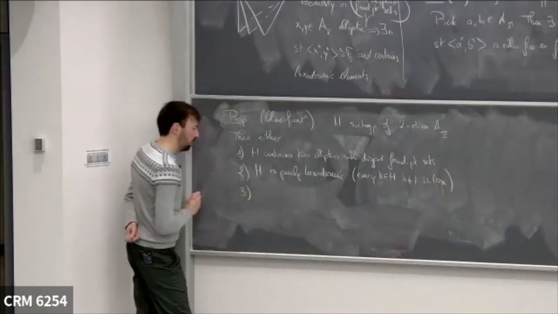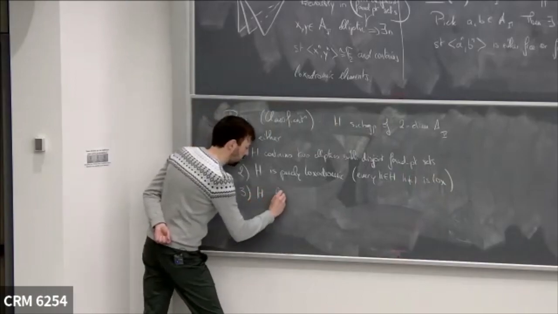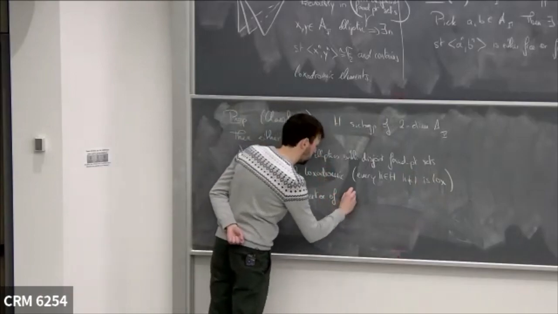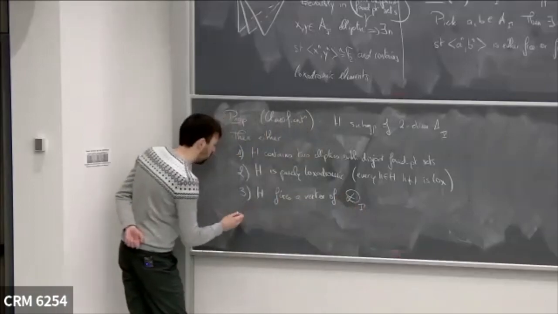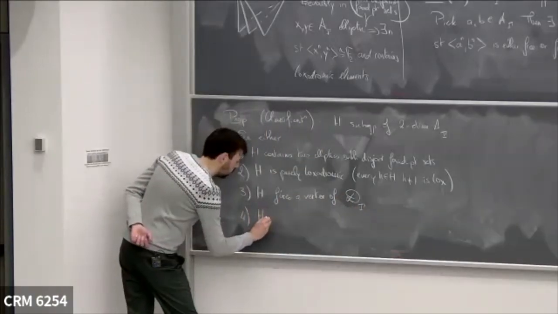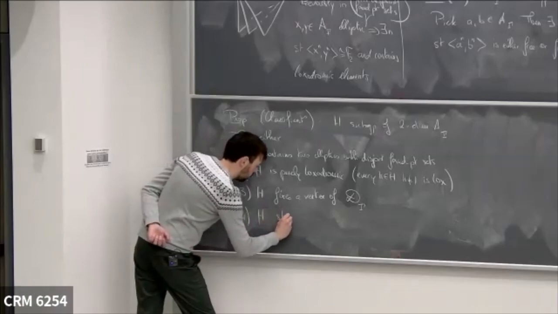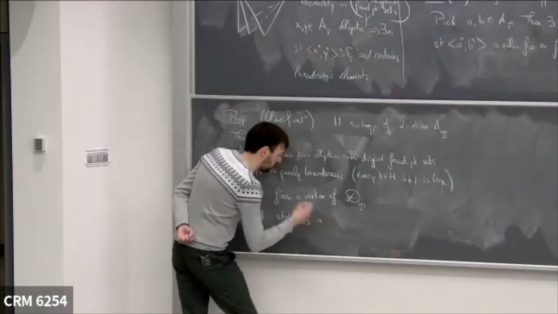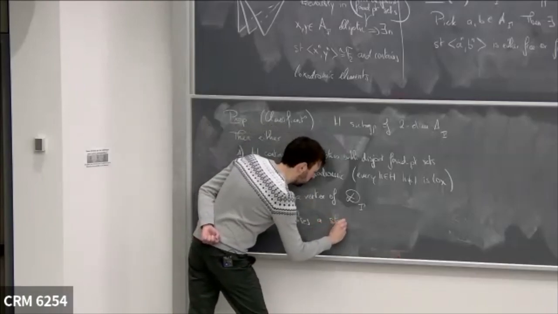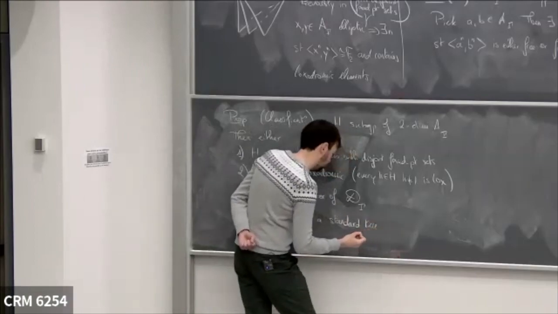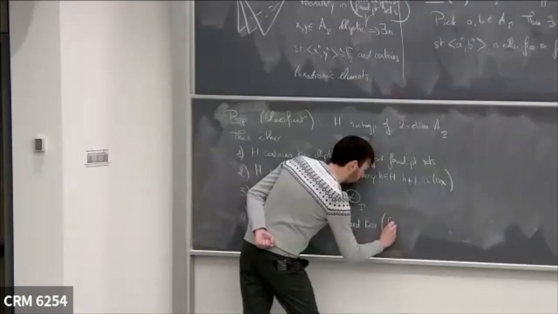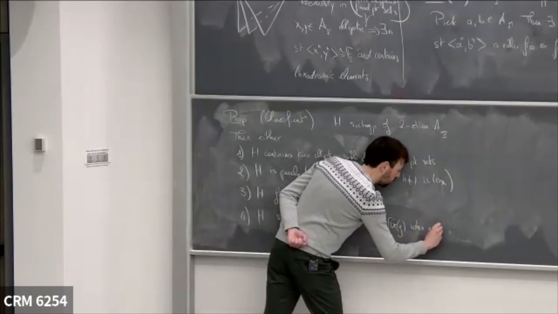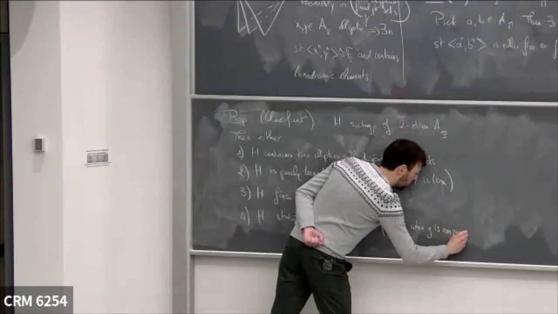The third case is H fixes a vertex, so globally elliptic on the Deligne complex. And there's a fourth case: H globally stabilizes, not fixes, what's called a standard tree, which is one of these fixed point sets when g is a conjugate of a generator.